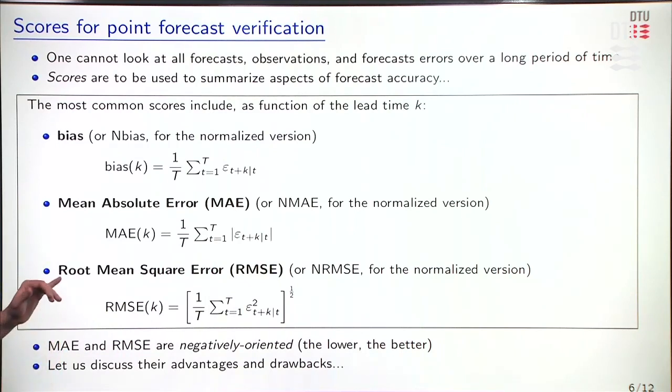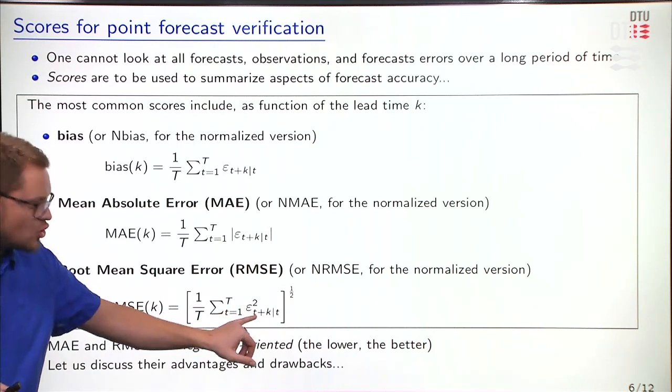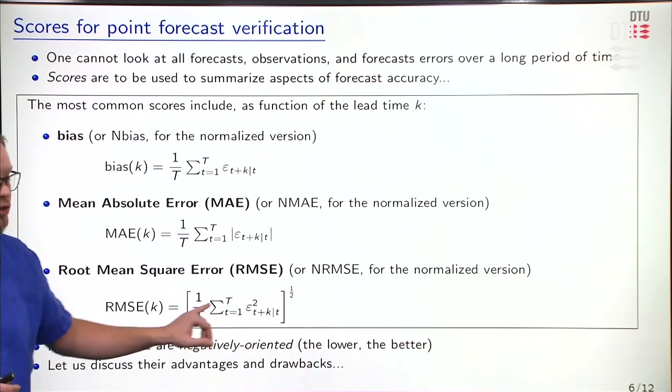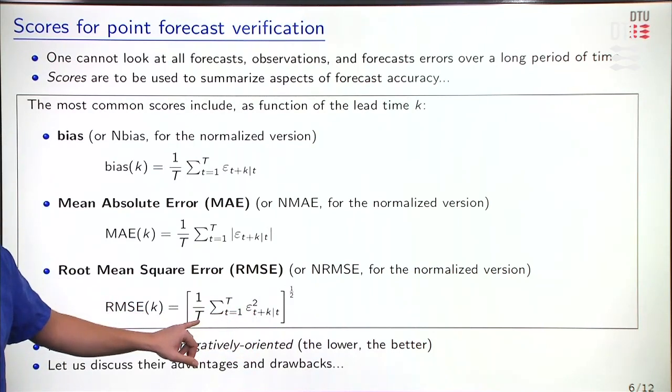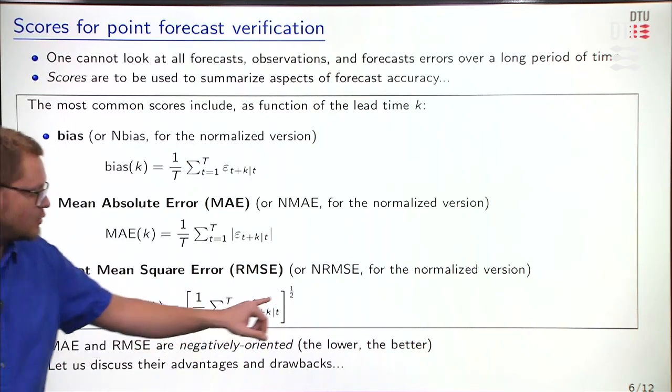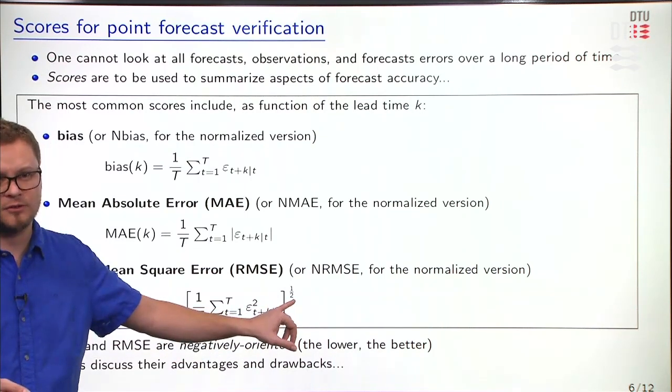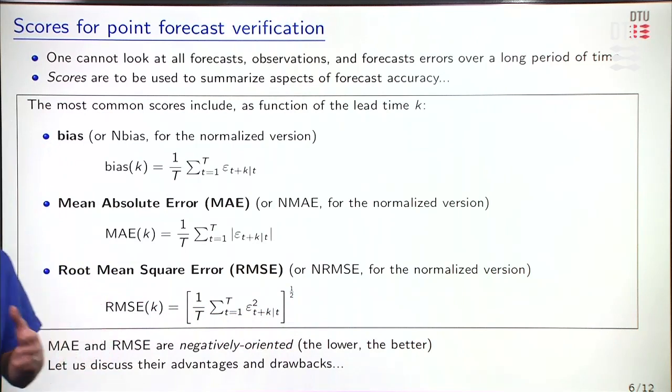In parallel, you have the root mean square error, which has the same basic philosophy, except that instead of taking absolute values of errors, you're going to take squared errors, divide by the number of errors you have under the sum, and take a square root of that eventually. Note that RMSE is used in a lot of fields to assess deviation from a trajectory or difference between a truth and some estimate, etc.